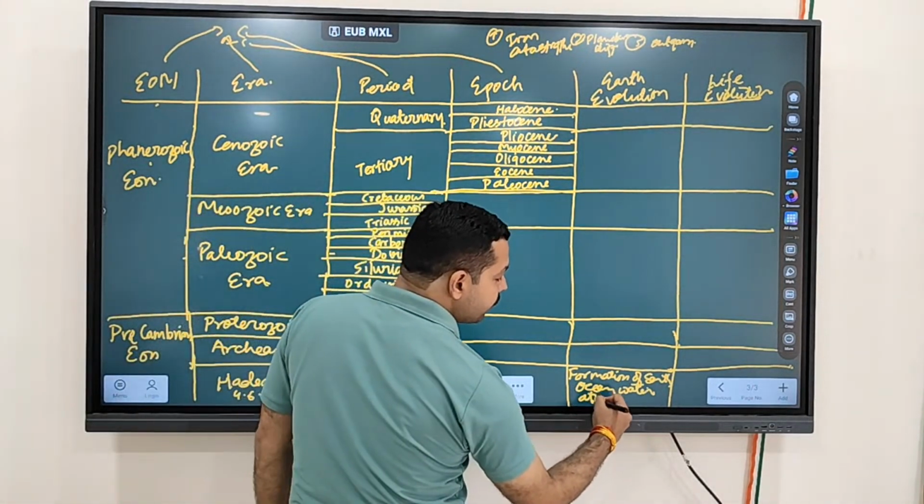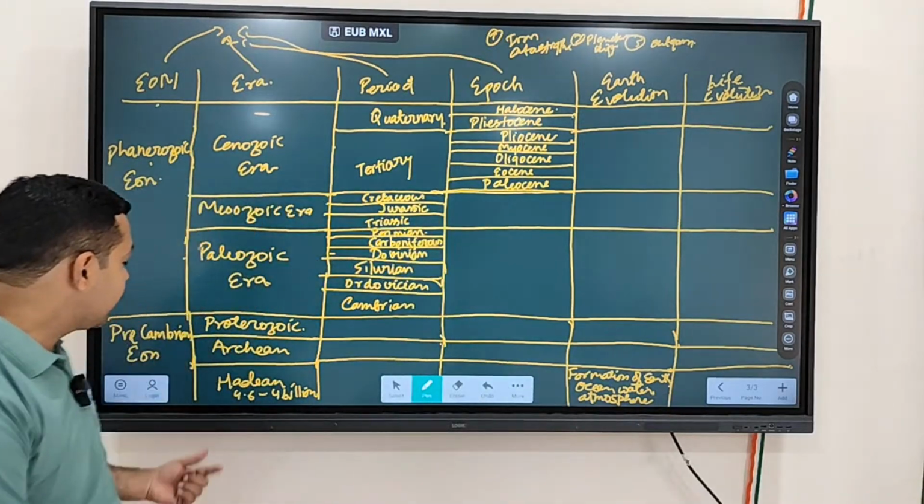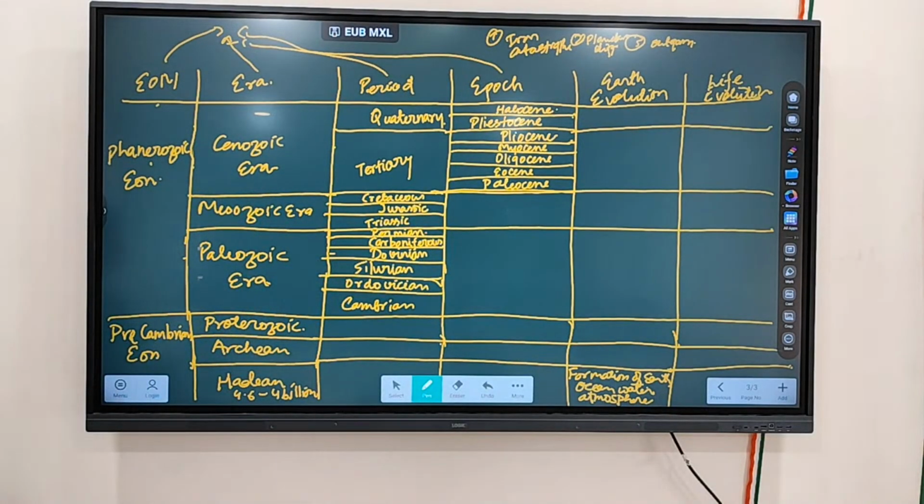This is happening in the Hadean period. So formation of earth, formation of oceanic water and atmosphere: this is happening in the Hadean period. Fine.